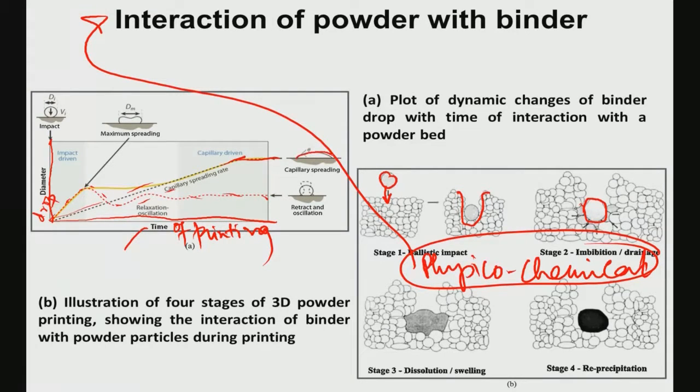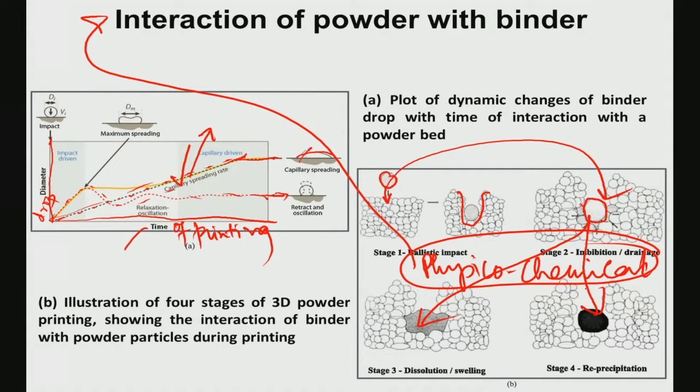In one case you can see the capillary spreading rate here, and in another case, when it follows this red one, it will simply retract and oscillate. So, it will not give rise to effective interaction. What is interesting for us is where I have put a right mark. The droplet will increase in diameter, and as you can see here, this droplet will increase in diameter.